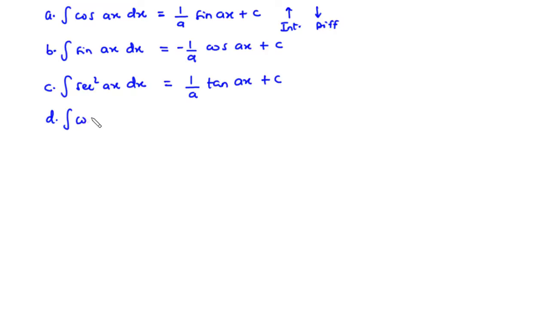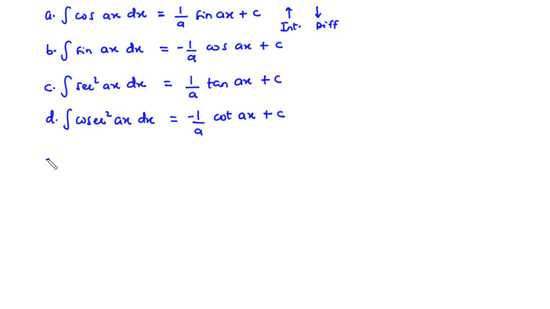The integral of cosec square ax dx is equal to negative 1 over a. When you integrate cosec square, you have cot, so we have negative 1 over a times cot ax plus c.